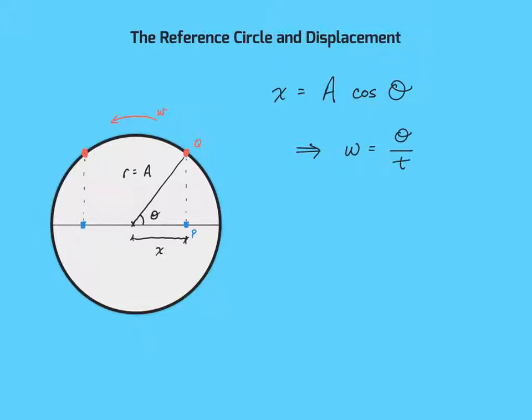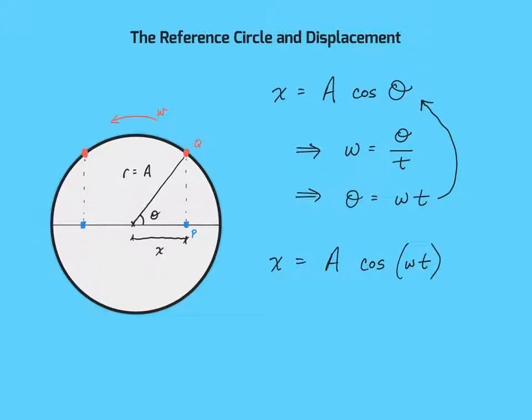Now, if I rearrange that for theta, we can say that theta is equal to omega t, and if we just plug this into here, we're going to get our first kinematic equation for harmonic motion, which says that x, the x position of that point P on our reference circle, is going to be equal to A cosine of omega t.